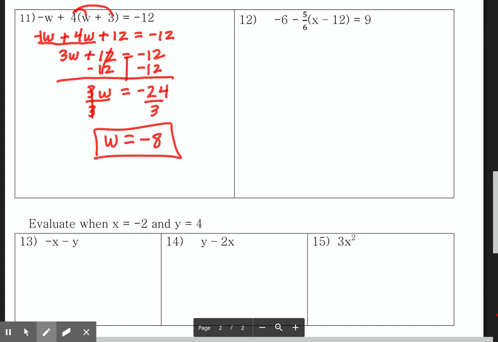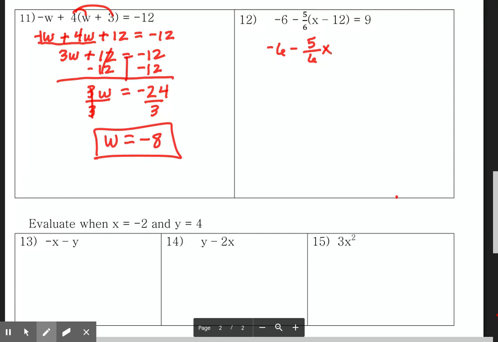All right, let's look over at number 12 here. So we're going to use our distributive property first. Don't do the subtraction. We're going to bring down our negative 6. And then negative 5/6 times x is just minus 5/6 x.